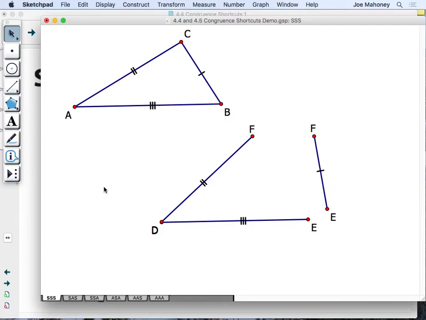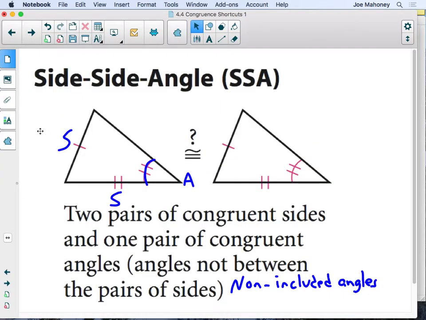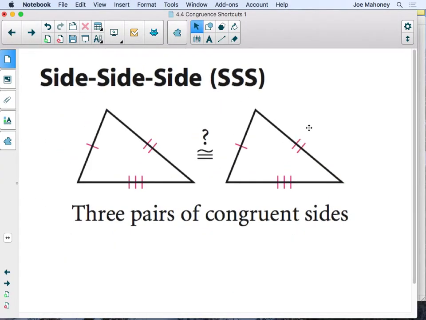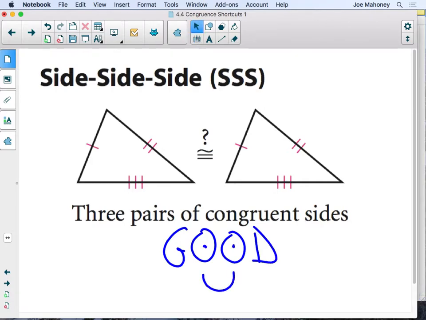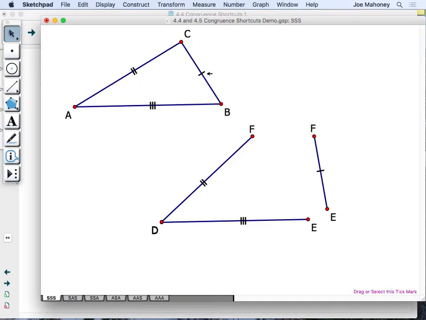If you know that 3 sides of one triangle are congruent to 3 sides of another triangle, then the triangles are congruent. So we'll say this one is good. Side, side, side is a valid way to prove triangles congruent.